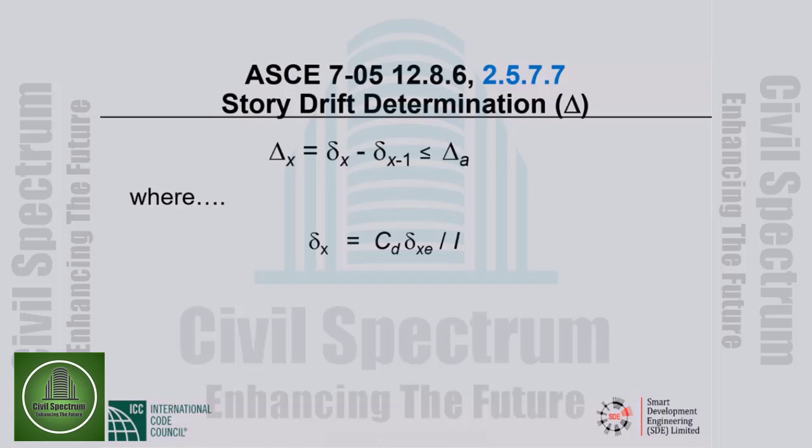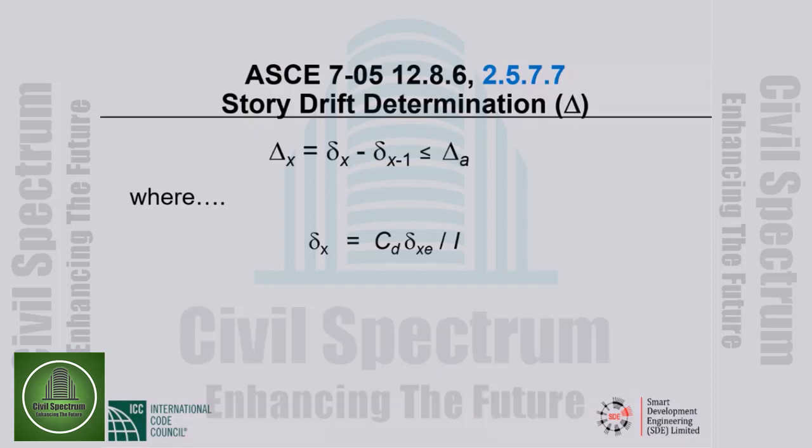The ultimate idea is interstory drift has to be kept within tolerable limits, which is the upper equation on the page. The tolerable limits in ASCE 7-05 and in BNBC 2020 are a function of the occupancy of the structure. We have much tighter limits on interstory drift in a hospital than in an office building.